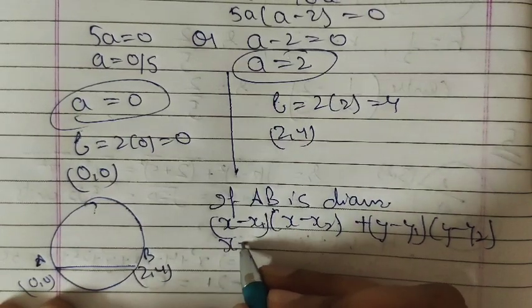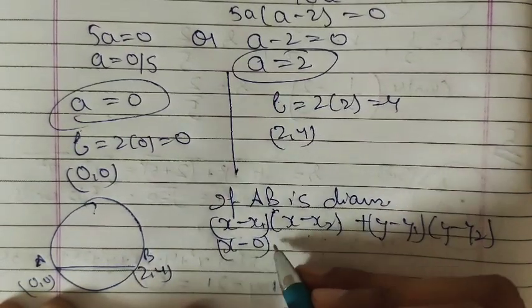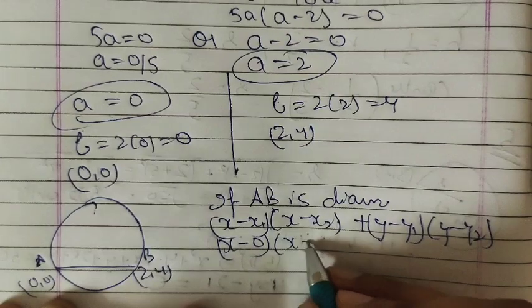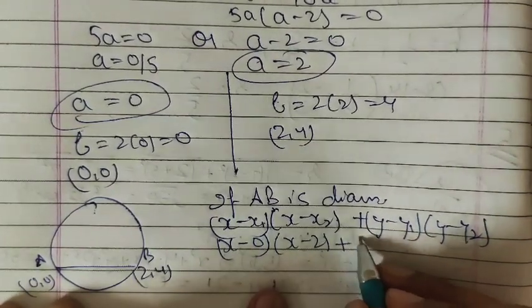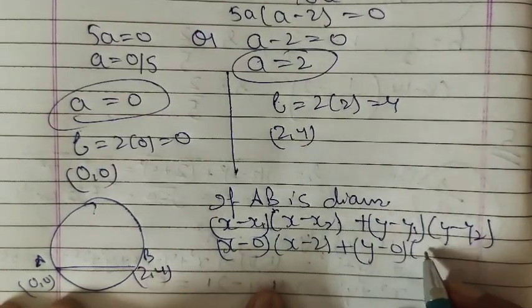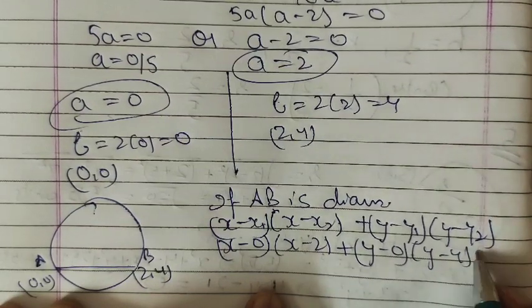So x minus x1 is x minus 0, x minus x2 is x minus 2, plus y minus y1 is y minus 0, y minus y2 is y minus 4, is equal to 0.